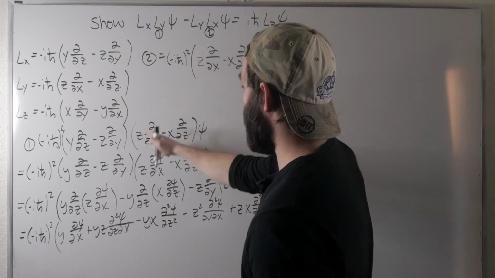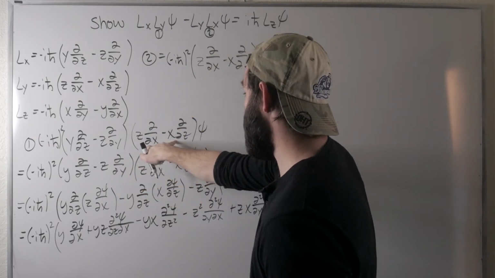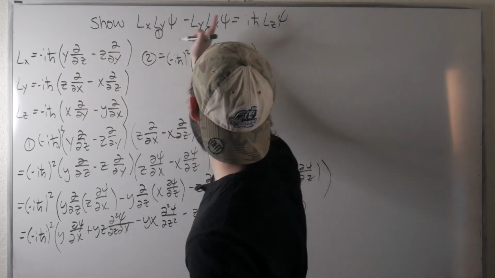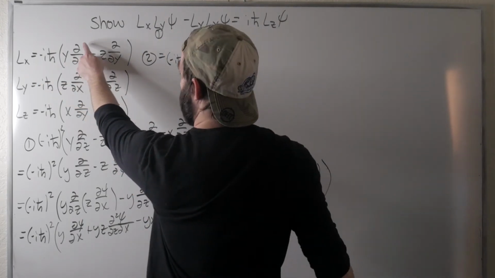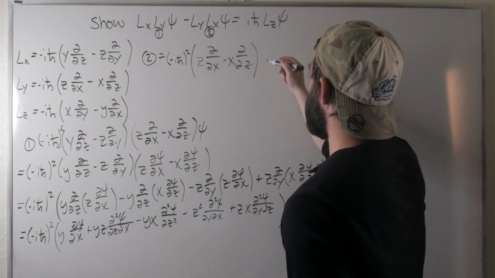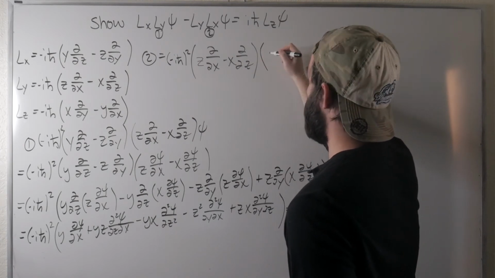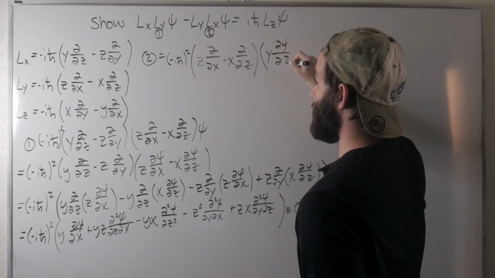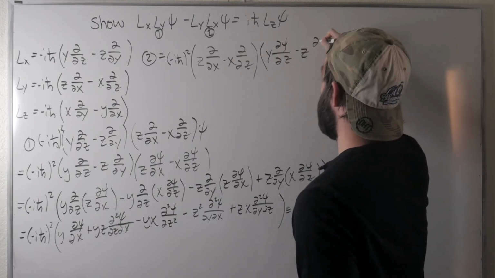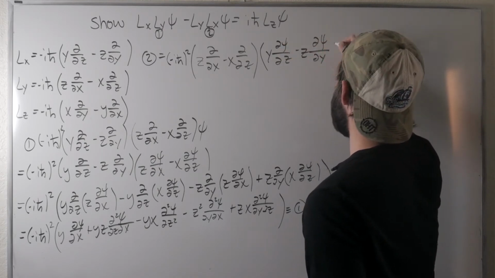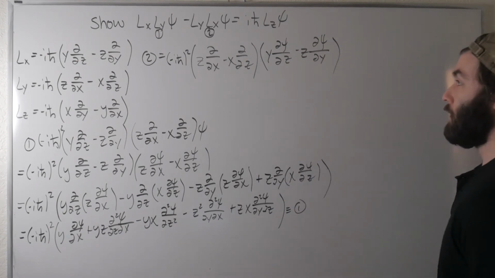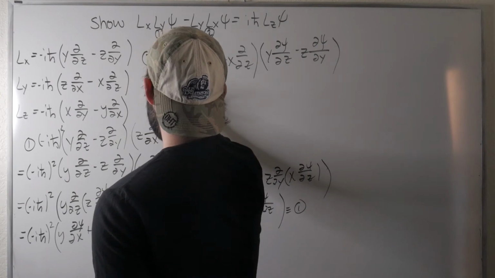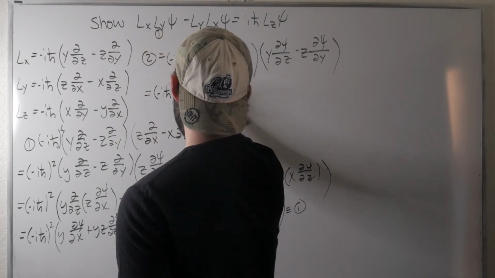So I'm going to go ahead and already just distribute our guy out. We're just distributing this Lx to ψ, so all I'm doing is writing a ψ here, times y dψ/dz minus z dψ/dy. Okay, which is equal to minus iħ squared.